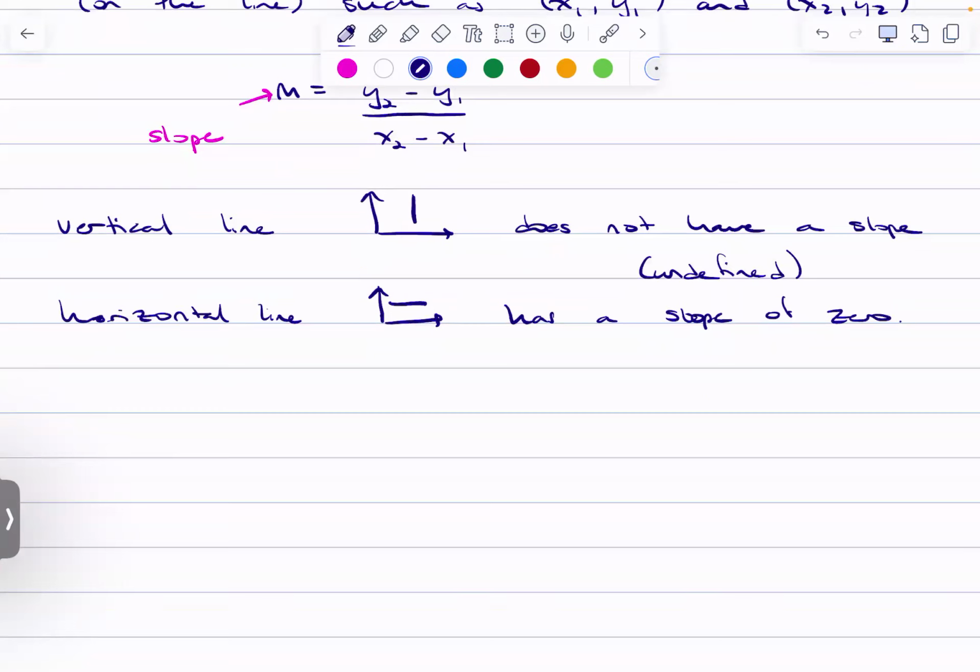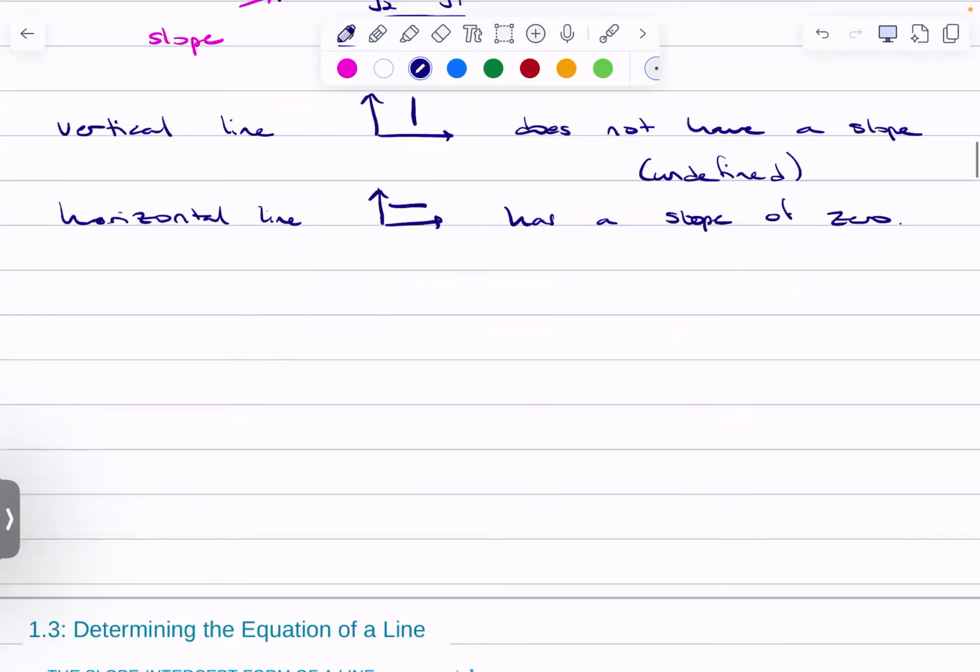So we spent a lot of time on the slope, and with good reason. So today we're going to ramp it up just a little bit. We introduced y equals mx plus b as the equation of a line where the value attached to the x is the slope.